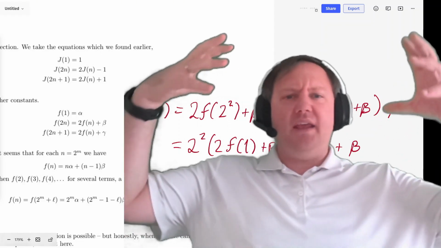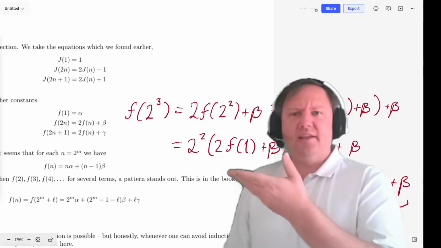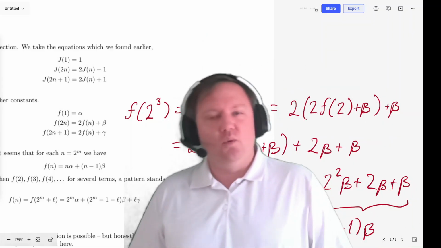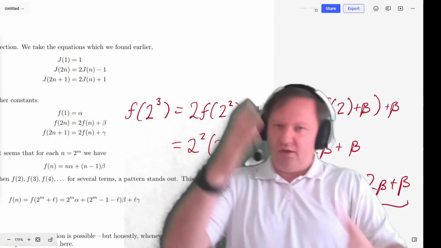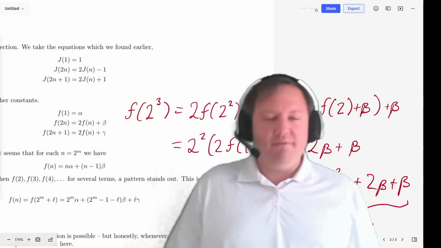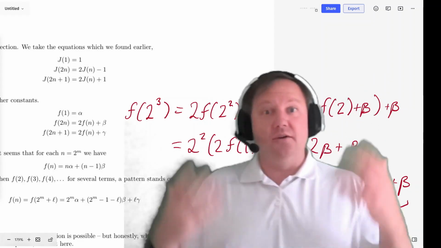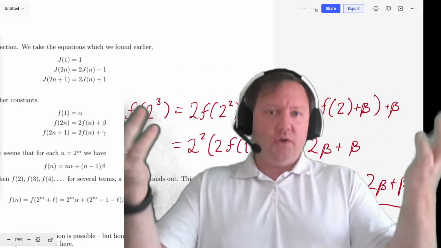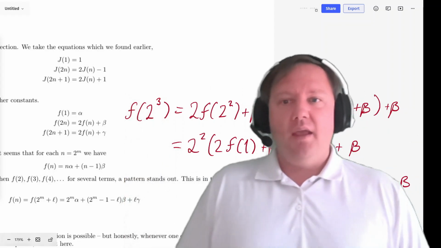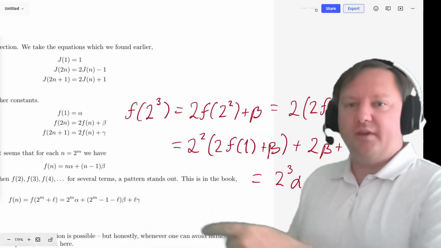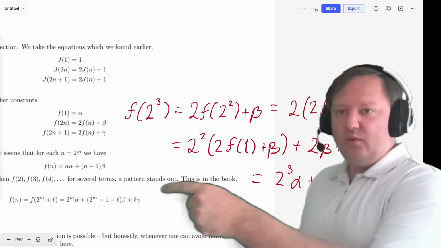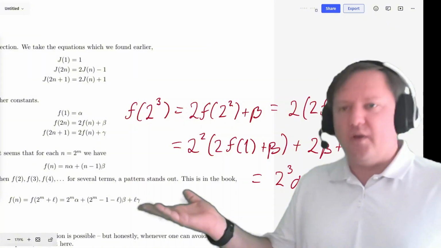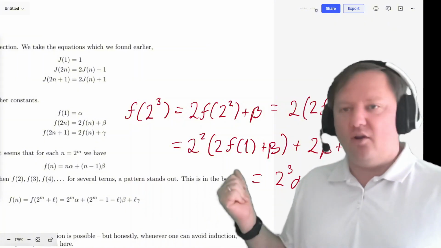Now, to understand what happens in the more complicated case where it's not a power of 2, you may need to do what is written in the book, which is to compute enough iterations to start detecting patterns. And I think what the book shows is a relatively clear pattern, and what that pattern convinces you of is that you basically get this formula where, again, we're going to evaluate f at an arbitrary n.